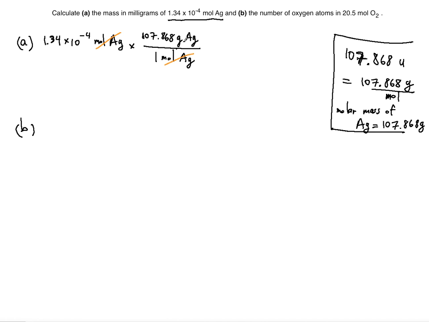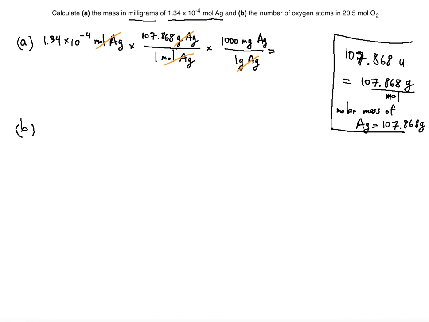So this is what we converted so far, but we need milligrams, because the question asks for milligrams, right? So we know that per each gram of Ag there are going to be 1000 milligrams of Ag. So the grams will cancel out as well, and we will have milligrams. Using the calculator we can find out what that result is.